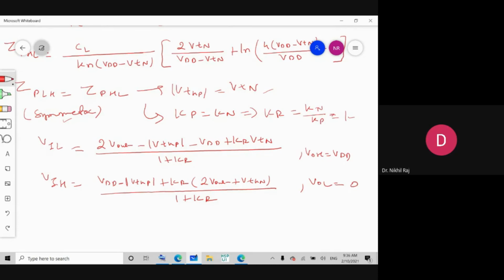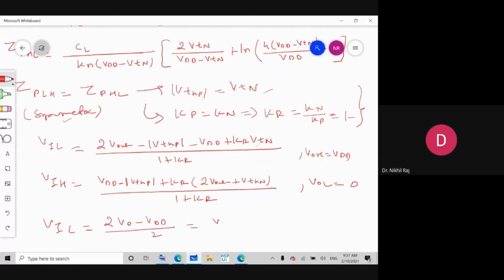Now for the inverter case, we substitute these two observations, that both thresholds should be the same and Kr should be 1. Then the VIL value will be 2 V out, this VTHP and this VTHN will cancel out because Kr is 1, so we will be left with VDD divided by 2.